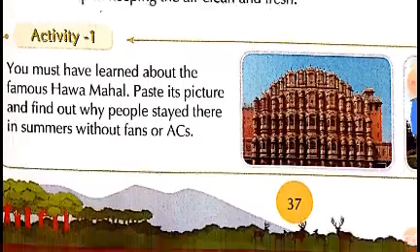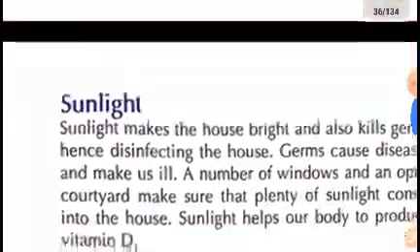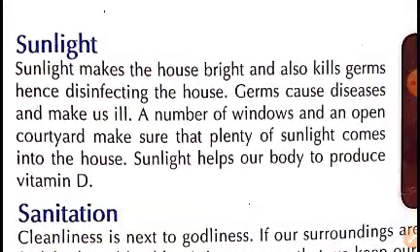Then children, sunlight and air is also very important. Sunlight plays a very important role in keeping our homes brightened. We can also keep our house dry with the help of sunlight. It also kills the germs.